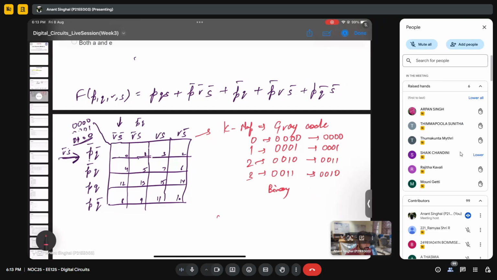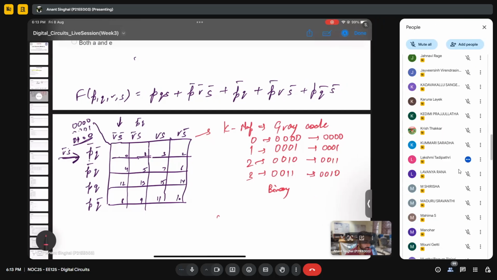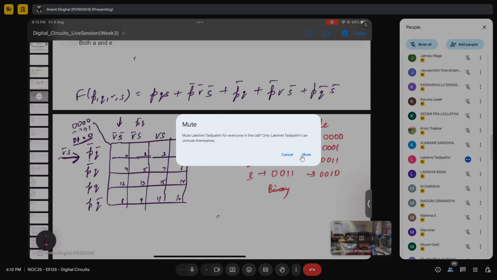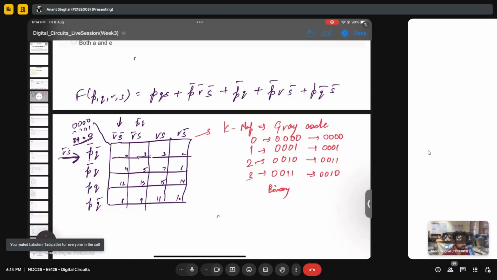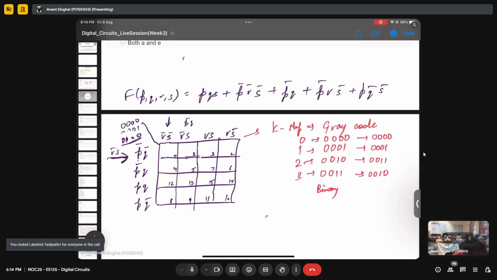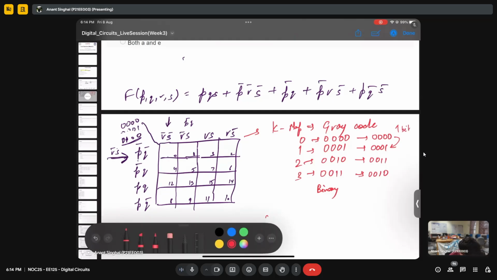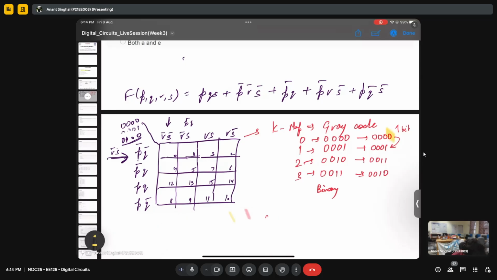But here the main difference that you see is that the transition from 0 to 1 is only a 1 bit transition, right? So here this 0 is changing to 1.